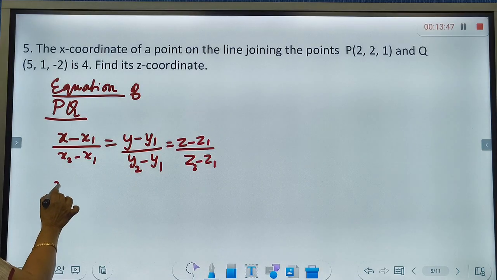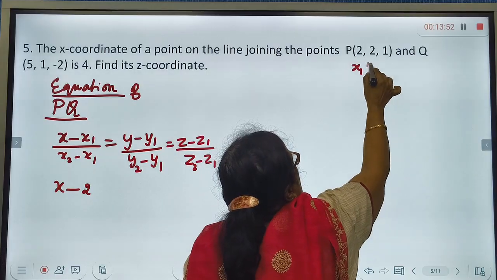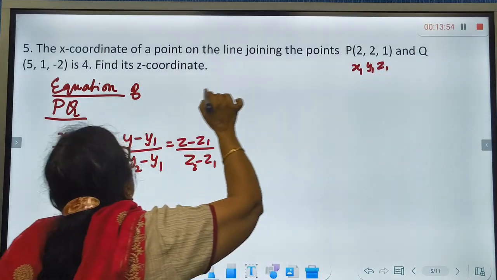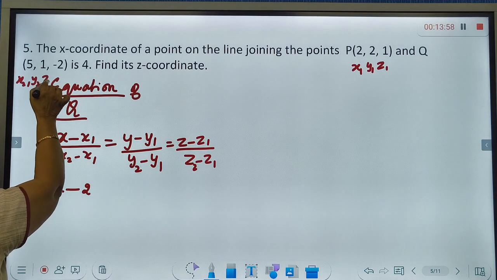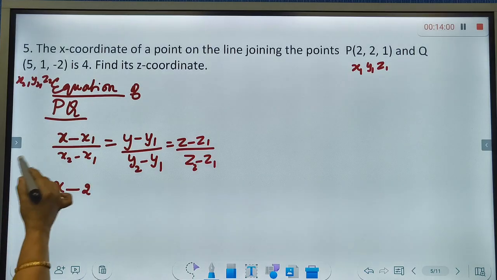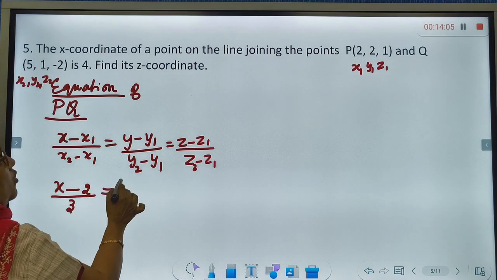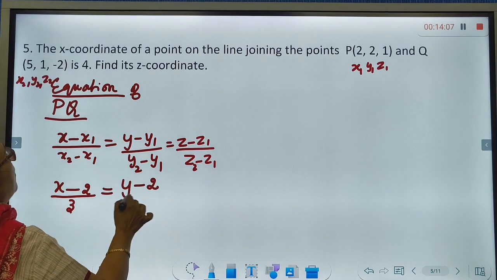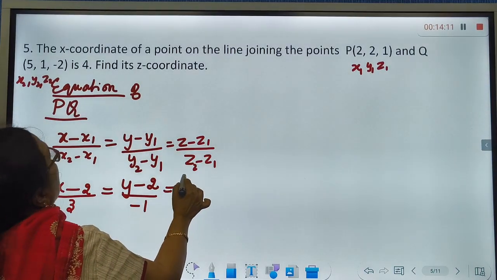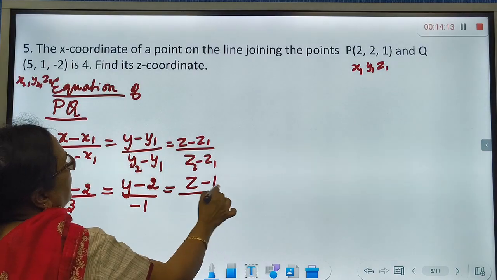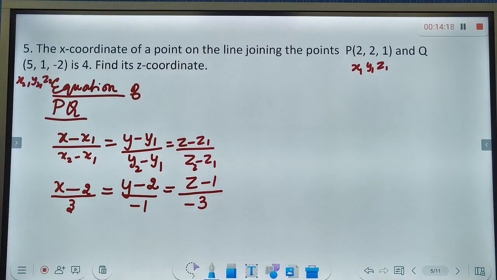So, this is your x1, y1, z1 and this is your x2, y2, z2. So, you get x minus 2 by 5 minus 2, which is 3, equal to y minus 2 by 1 minus 2, which is minus 1, equal to z minus 1 by minus 2 minus 1, which is minus 3.